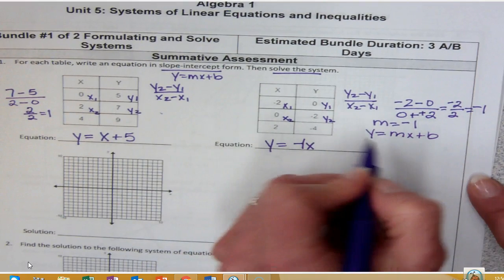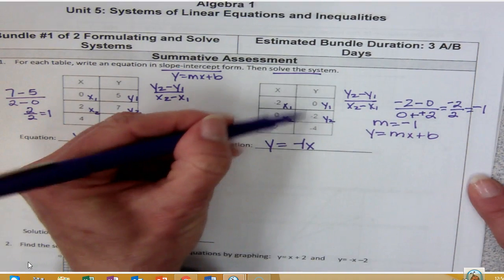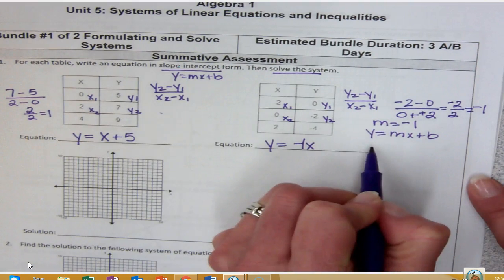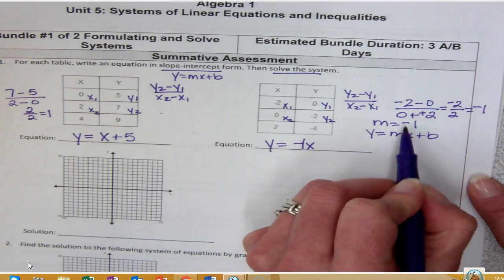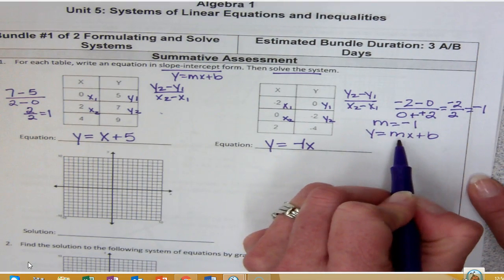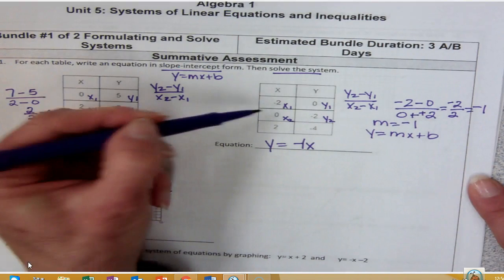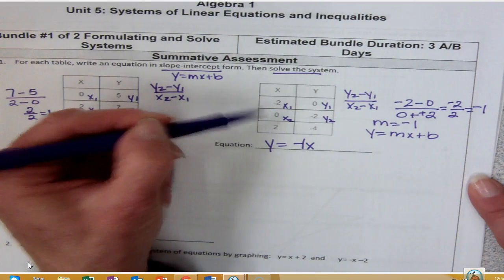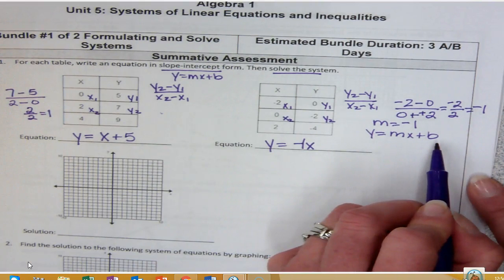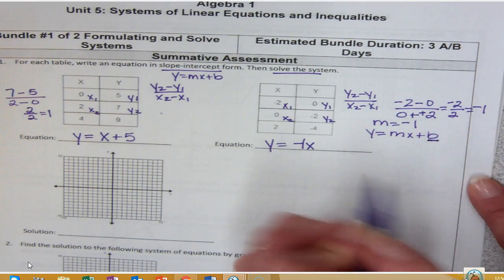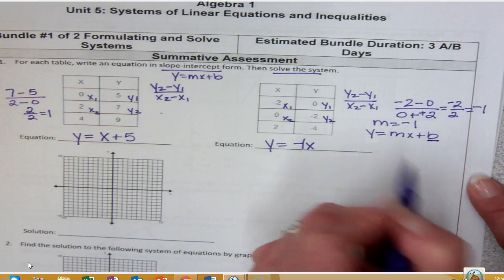I can then substitute in one of these y values for my y, substitute in my slope for my m, substitute an x value for my x, and solve for my b, my y-intercept.